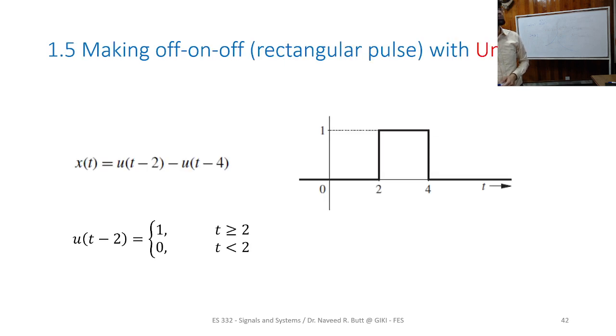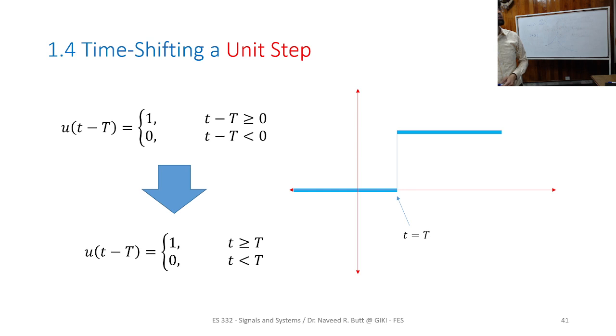Okay, I don't think we have it here, but yes, it doesn't change. You can check. So, what is u(t)? u(t) is 1 for t greater than or equal to 0, and 0 for t less than 0.